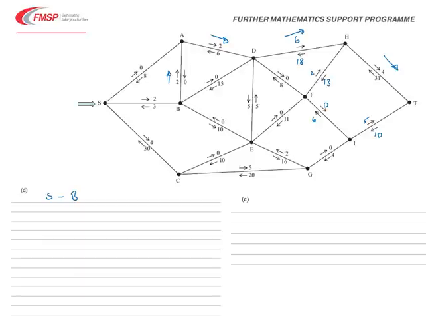So S, B, A, D, H, T, we can increase by 2 units.